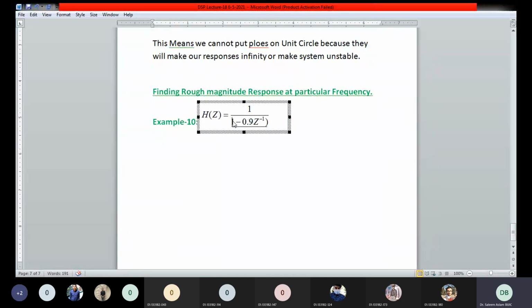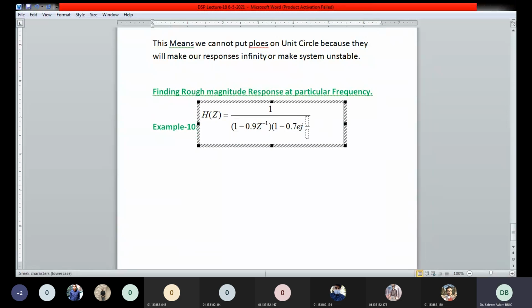Let's bring two poles in a complex plane as well. So let me write here 1 minus 0.7 e^{jπ/4} z inverse.